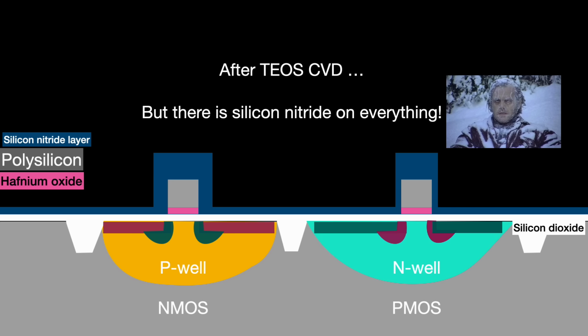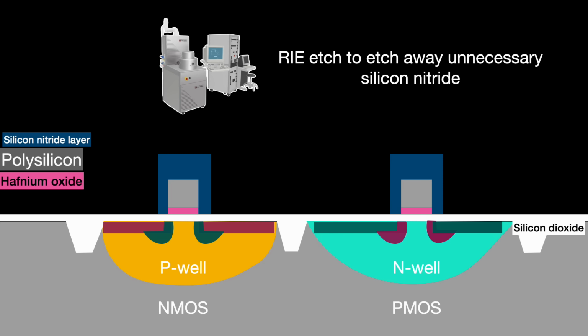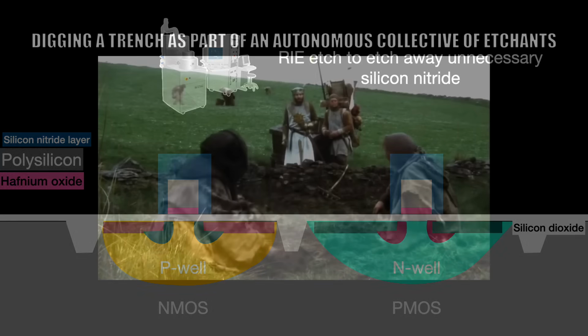We only want it on the sidewalls of the dummy gate, so everything else must be etched away, but leaving the sidewall layers intact, meaning that we can only etch in one direction, down. In industry parlance, that's an anisotropic etch, and back then reactive ion etch with a fluorine-based gas was the best tool for the job. Now that is done, the second step.